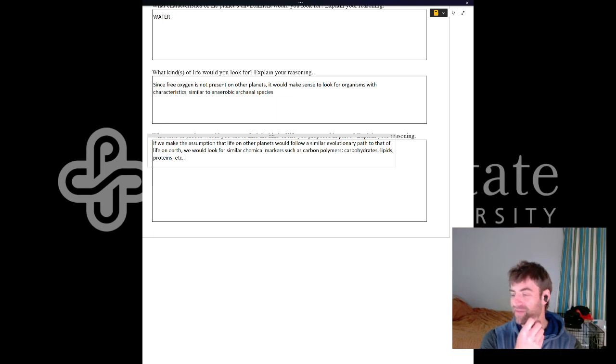I read an article not too long ago about atmospheric markers of industrialization. CFCs is a big one. NO2 would be another, where if present, these would be really strong indicators that there is an industrial civilization on that planet, because those compounds don't exist outside of as byproducts of industrial processes.